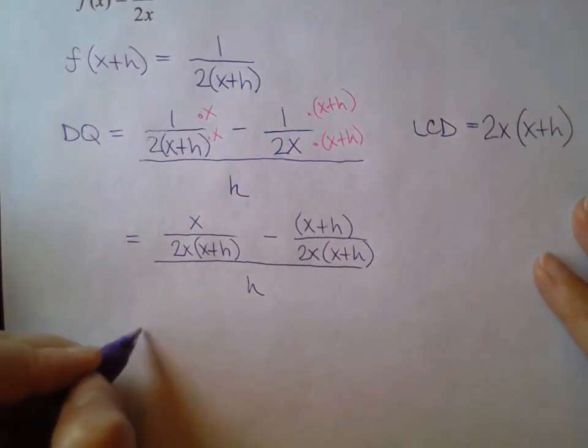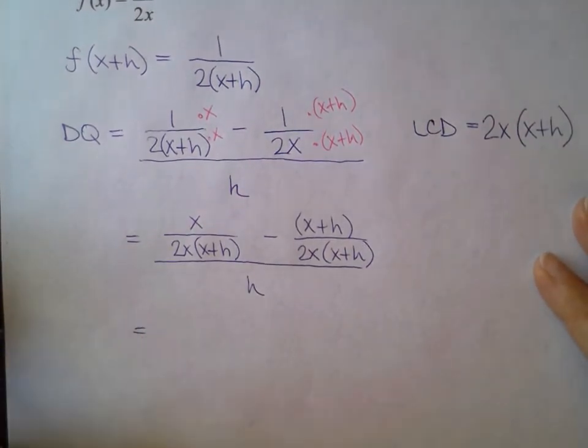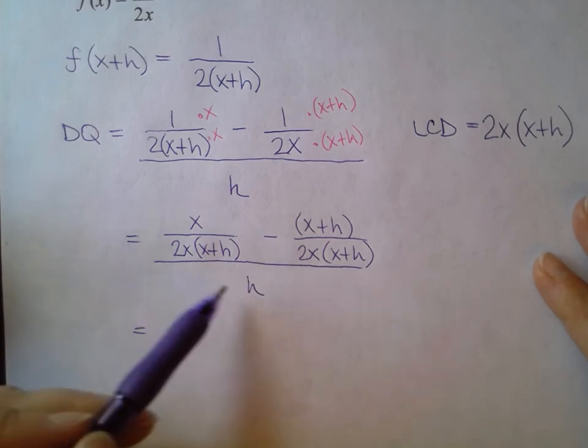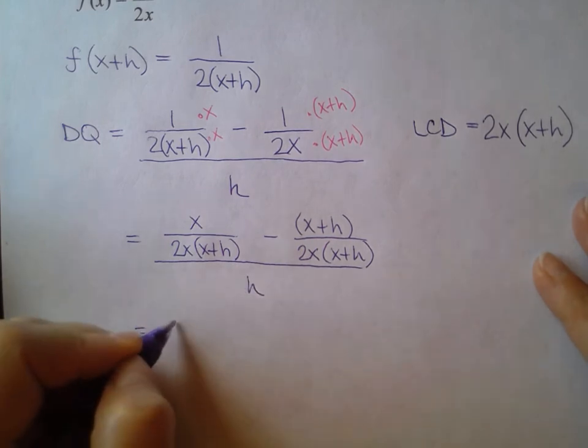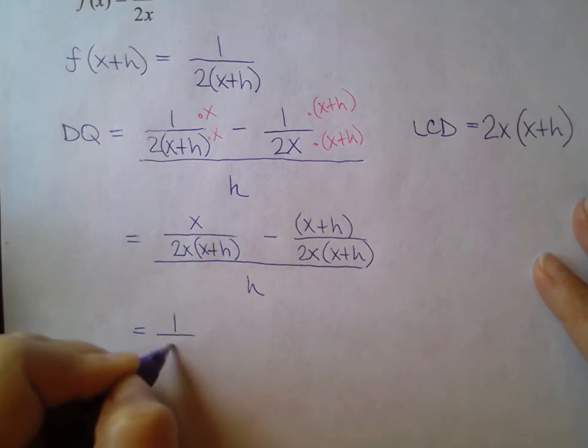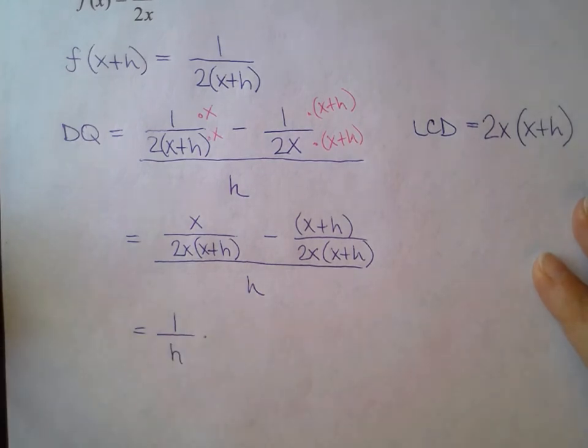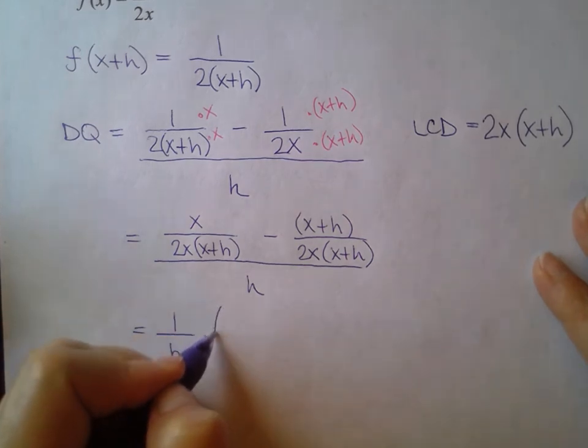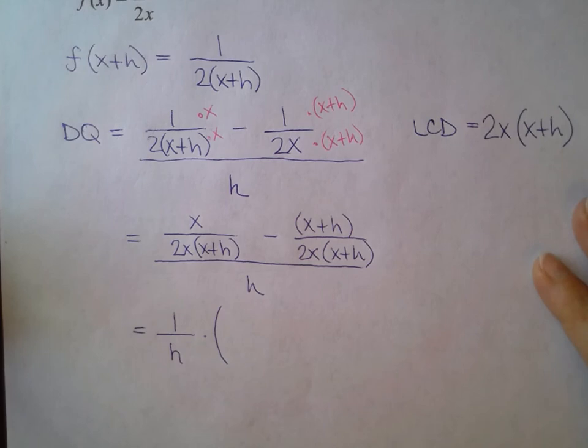Okay, and now I'm going to do a couple things at the same time. Rather than writing this as a giant fraction over h, dividing by h is the same as multiplying by 1 over h. Just like dividing by 2 is the same as multiplying by a half. It's the same idea. So I'm going to bring that out to the front so it looks a little less menacing, I guess.